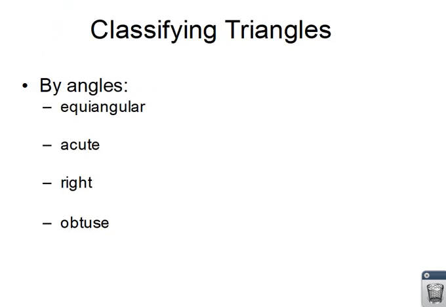To classify triangles by angles, equiangular means that all angles are congruent in the triangle. So all three of them are going to be 60 degrees, because that's the only way that can happen. An acute triangle has all acute angles.